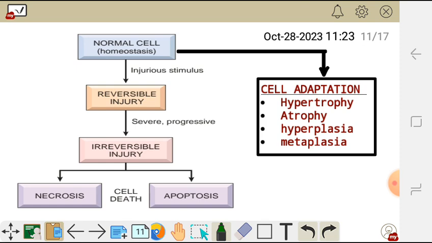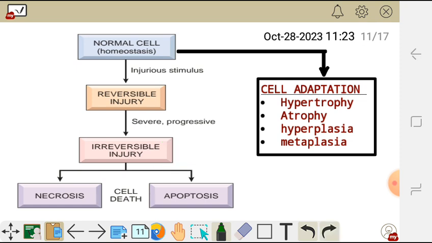So if that stimulus is injurious, then the cell will be reversibly injured, meaning this cell can be reversed to the normal situation, or it can return to its normal functions. Then if the injury is severe, the cell is going to be irreversibly injured.